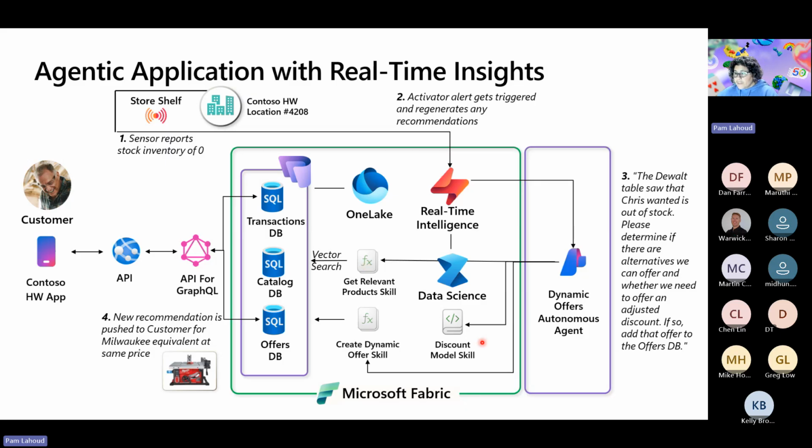And then I've run this discount model skill from a notebook in my OneLake, and I figured out, okay, I need to create this dynamic offer because of this situation that just happened. So AI can go and call this function and create a dynamic offer, and write that into the offers database.